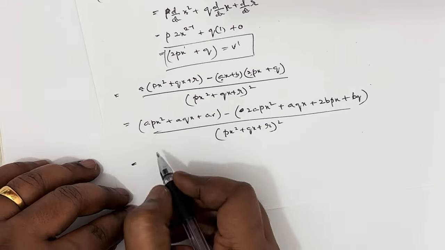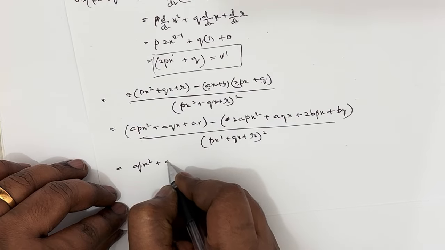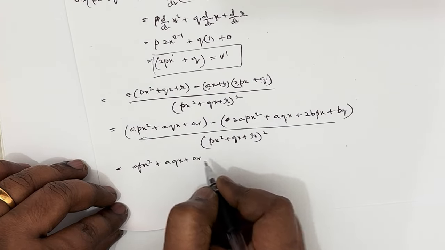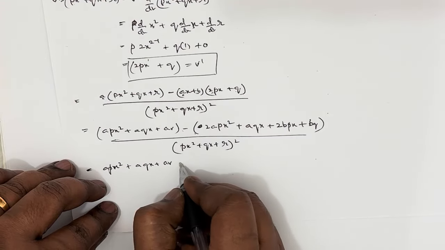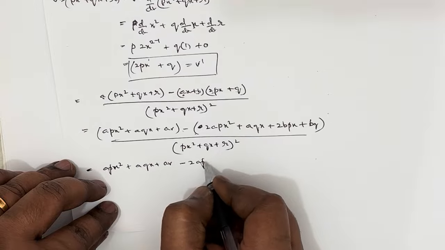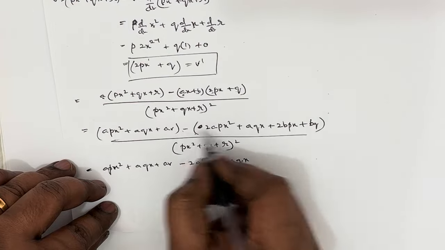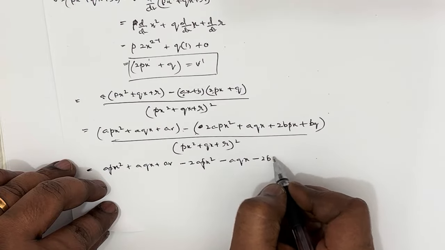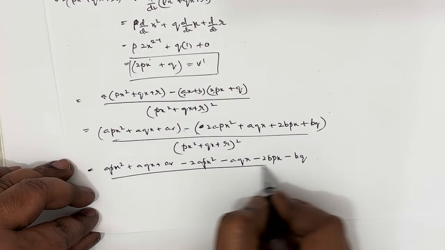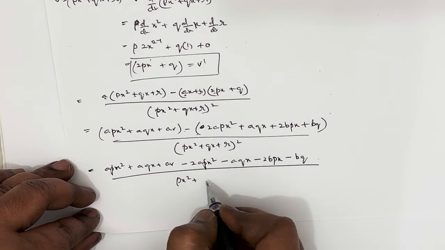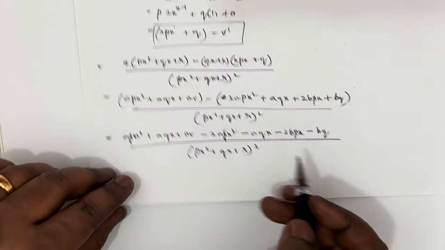Now let's remove the brackets. So we have apx² + aqx + ar, and when we remove the brackets, the negative gets multiplied inside, so we have negative 2apx², negative aqx, negative 2bpx, and negative bq upon (px² + qx + r) whole square.